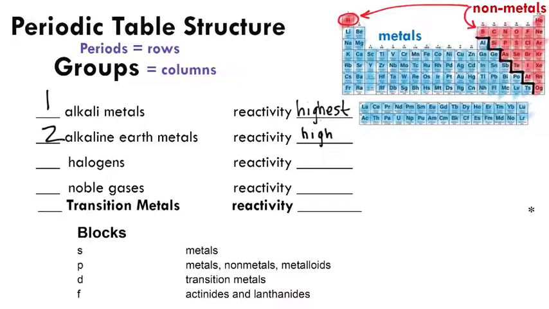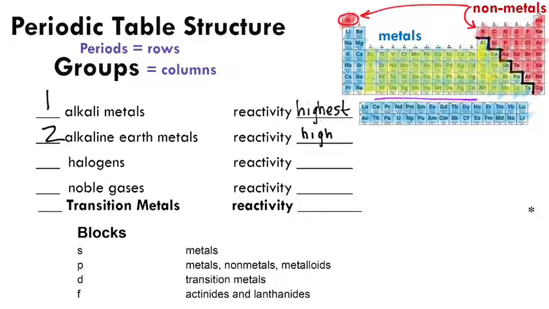Now, I actually want to quickly jump down to our transition metals. These are all the rest of the metals after our alkaline earth metals. It actually goes all the way over to that staircase. So all of these elements in the D block all the way to that staircase are what are called transition metals. If it's not an alkali metal or an alkaline earth metal, then it is a transition metal.